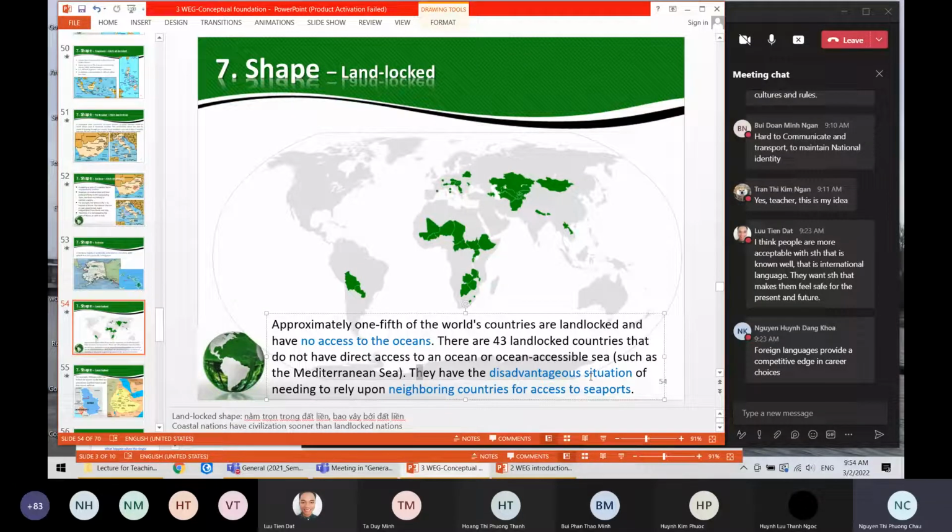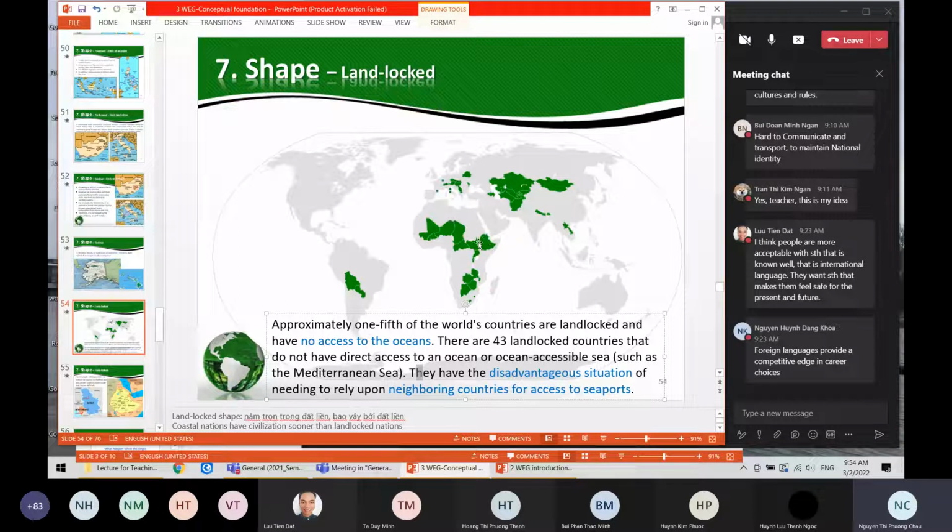But a landlocked nation has no sea border, so they may have problems with import and export. That's why they must depend on their neighboring coastal nation for these services. And as well, it may cost more for their economy, right?